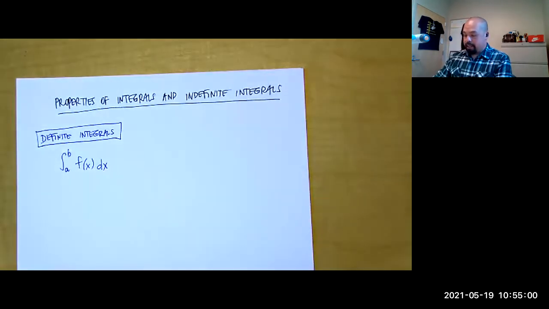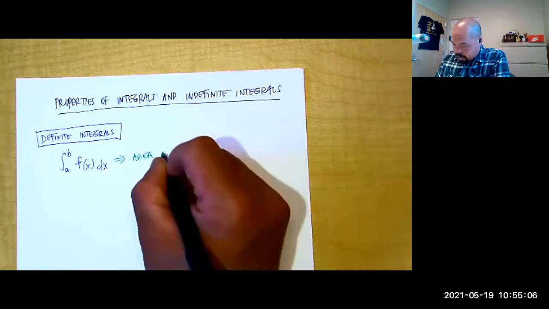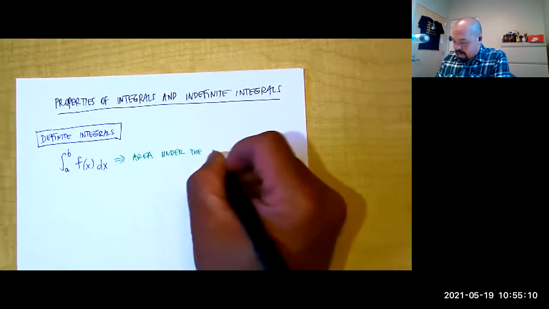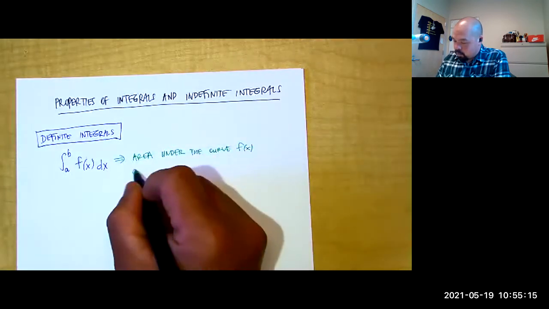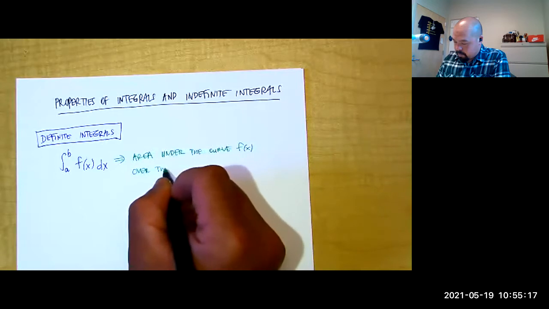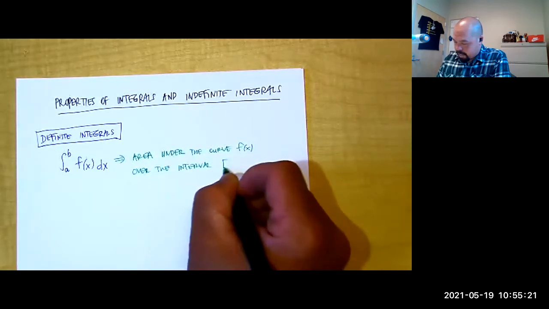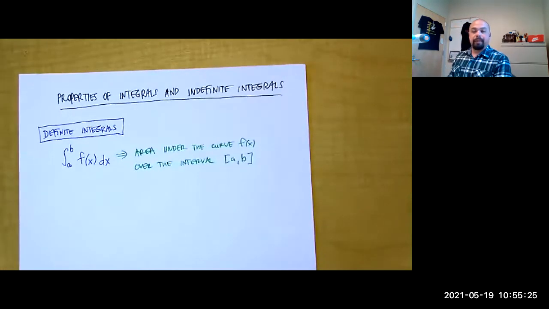And when we look at those integrals, this represents for us the area under, or between, that graph, that curve, f of x, over the interval from a to b, okay?